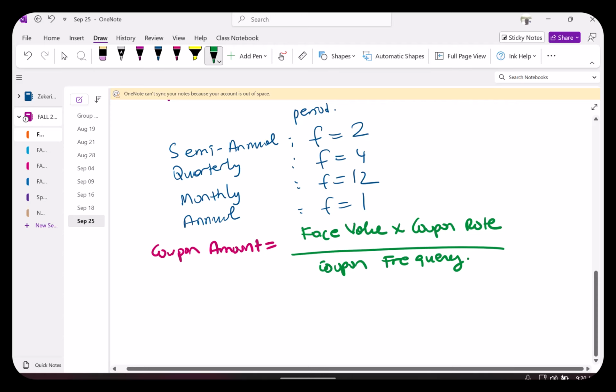So if I have a 5% coupon rate bond with $1,000 face value with semi-annual coupons, what's the value of each coupon? Face value, $1,000, 5% divided by 2. If you make the calculation, that's just 25 bucks. Okay.